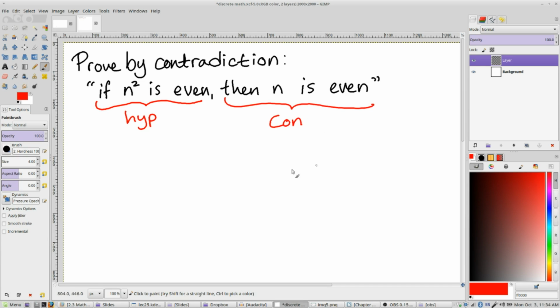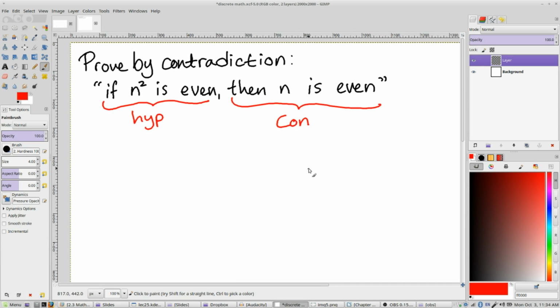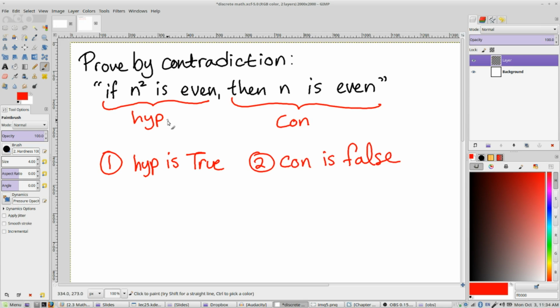And so, to prove by contradiction, we have to say that we have found some case where the first part is true, the hypothesis is true, but that the conclusion is false. So what does this mean? Well, we found that n squared is even, but we found a case where n is odd.